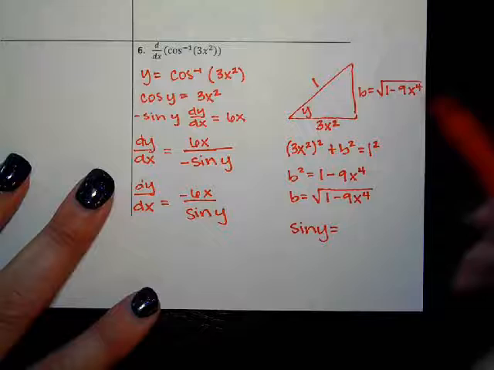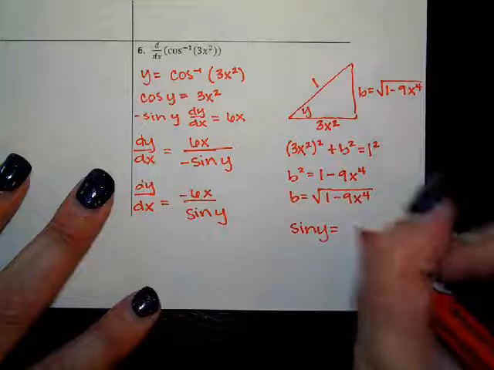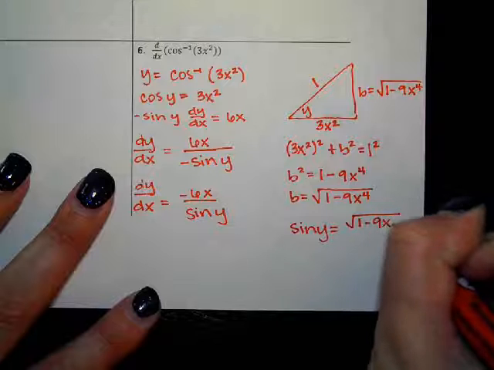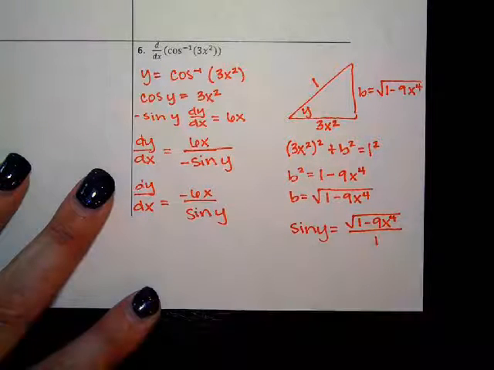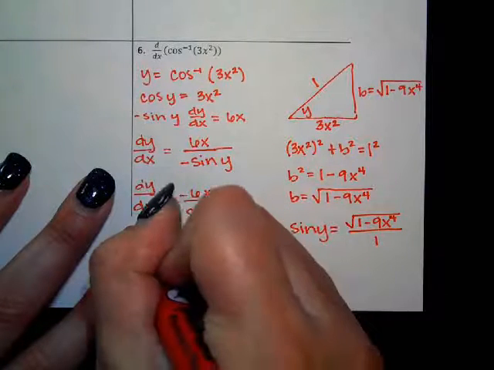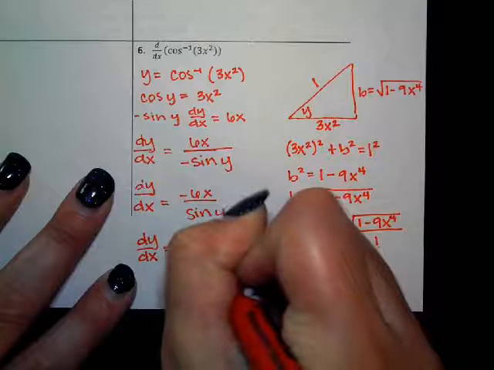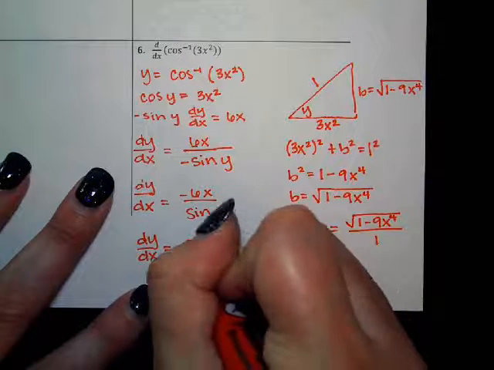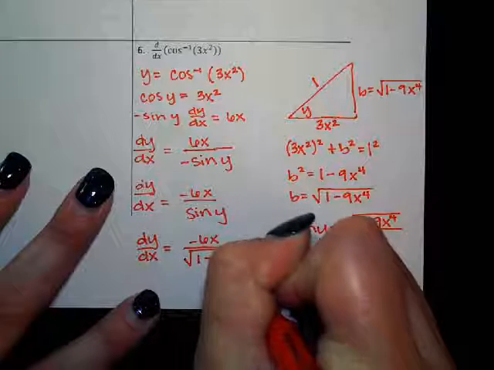And if we use this triangle, what's opposite over hypotenuse? We don't really need the 1. So we can say dy dx equals negative 6x over square root of 1 minus 9x to the 4th.